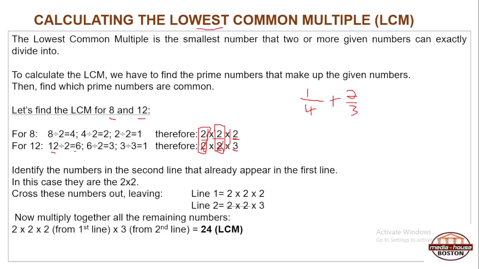And under this block, is there any common factor repeating? No, we only have 2 times 3, meaning that we're left with 2 times 2 times 2 times 3. When we calculate all of this, it gives us 24. So 24 becomes the lowest common factor for this function.